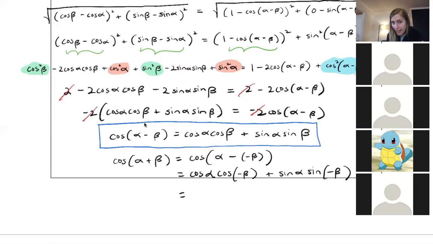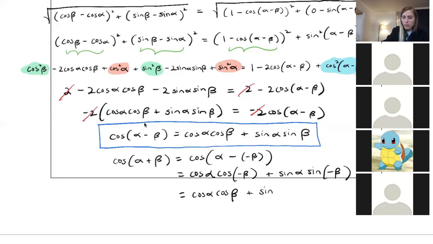And then applying the even odd identities, right? Cosine of negative beta is actually just cosine of beta. Sine of negative beta would be negative sine of beta.